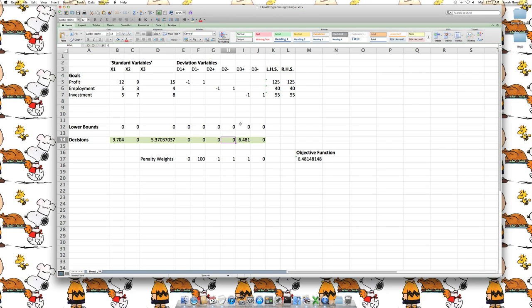For goal 3, I have a deviation higher, so 6.48. So that means that my left-hand side without deviations is evaluating to 6.48 above 55. So essentially 55 plus this is what my left-hand side is evaluating to.